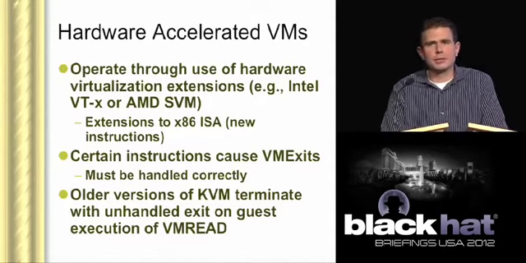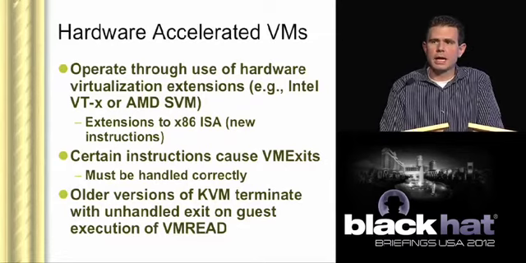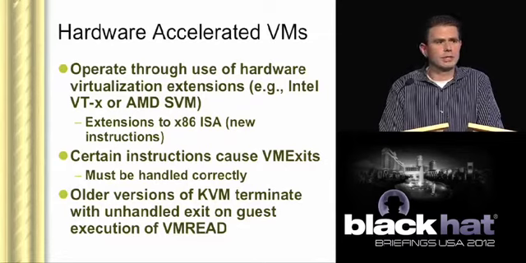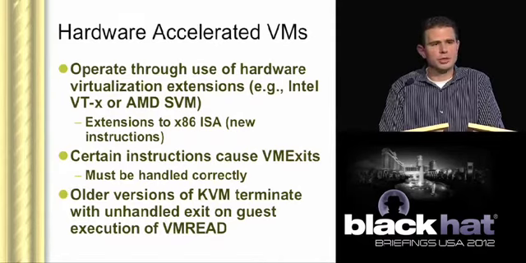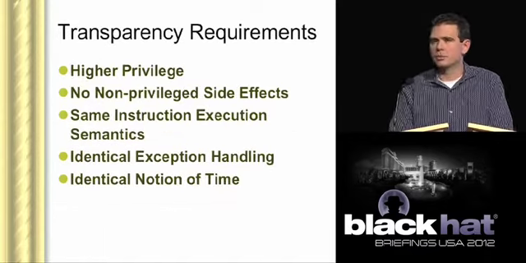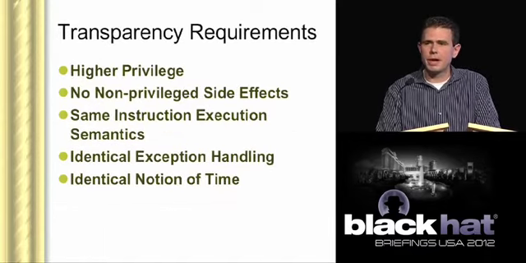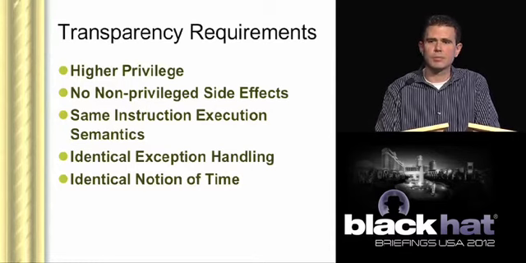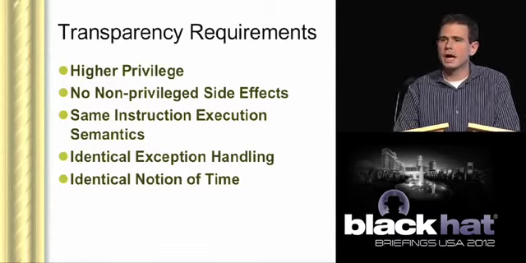So what I've described previously are really anecdotes that can actually be generalized into transparency shortcomings. And from those generalizations, you can create a set of formal transparency requirements that an analyzer must possess in order to be transparent to the malware that it is analyzing. So I'll briefly cover those. The first is higher privilege.